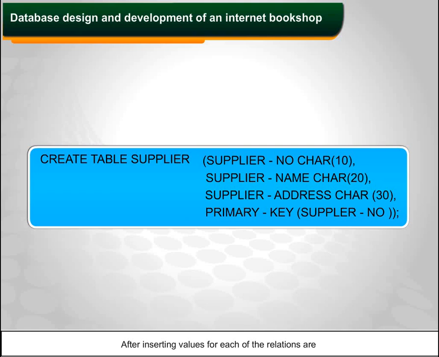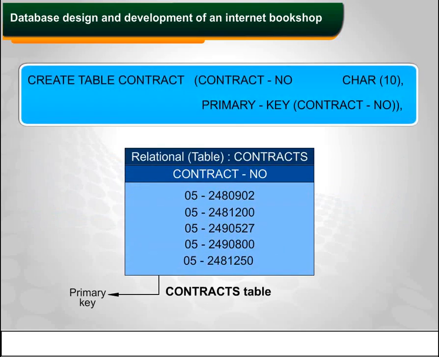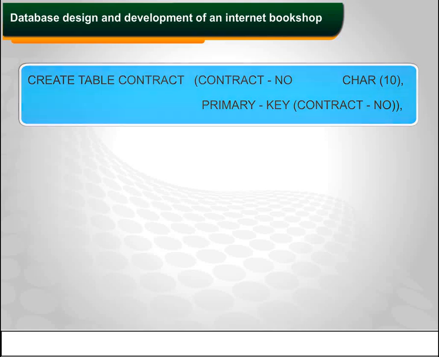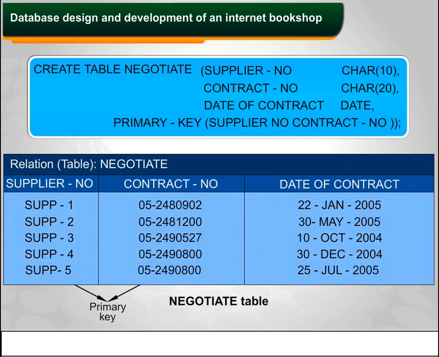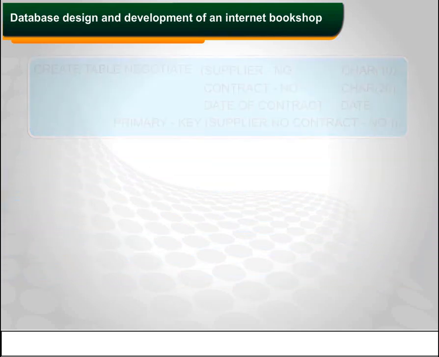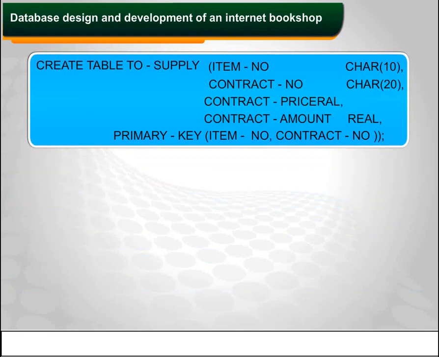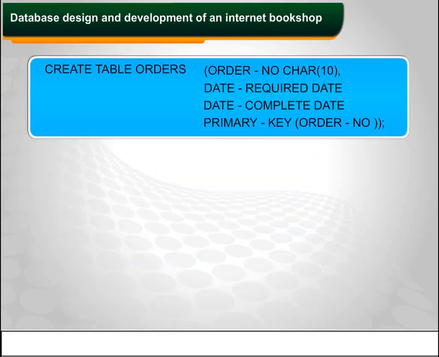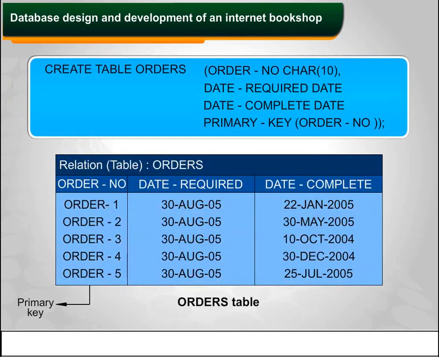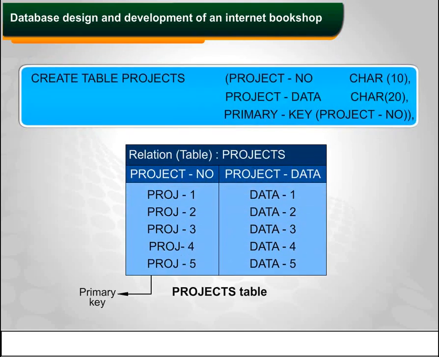After inserting values, each of the relations are: contracts table, negotiate table, supply table, items table, orders table, projects table.